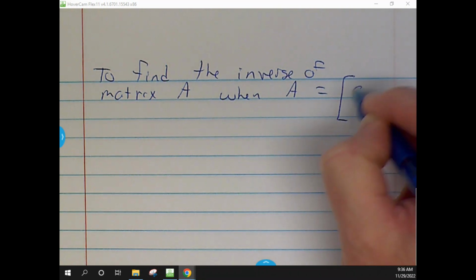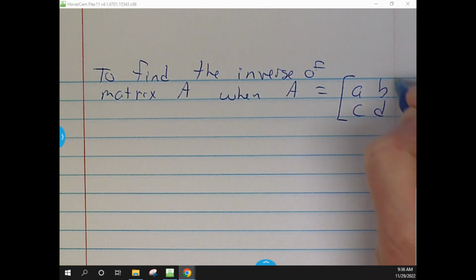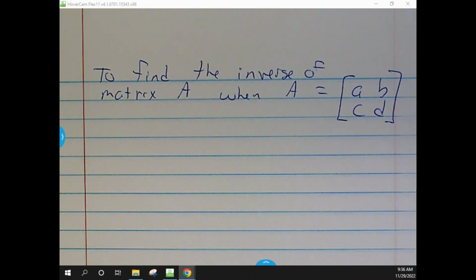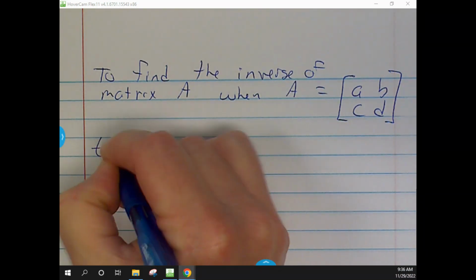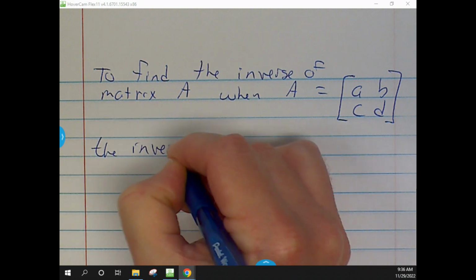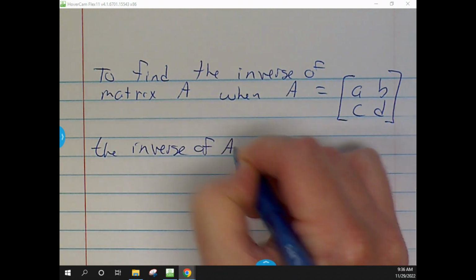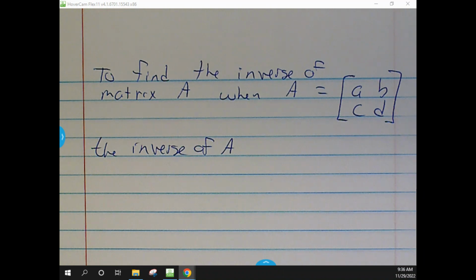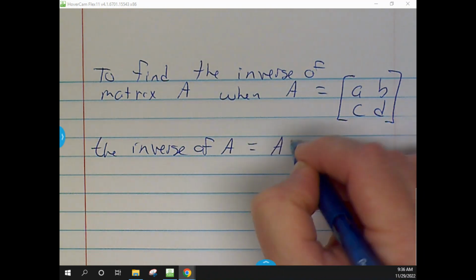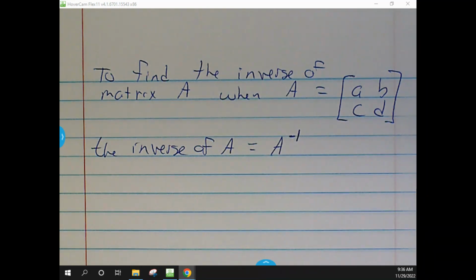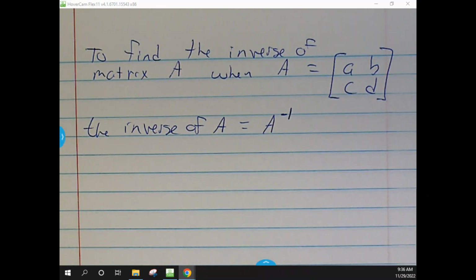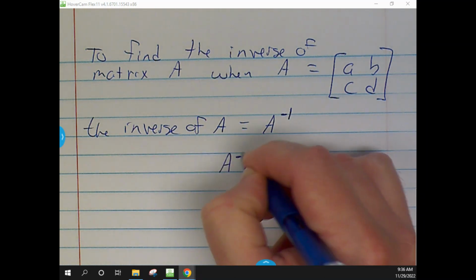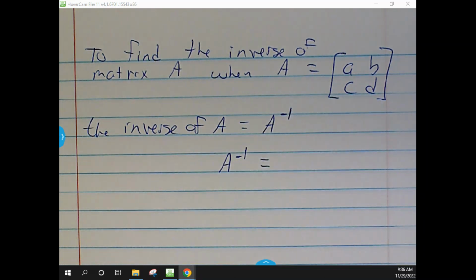Okay, so let's say matrix A is just like we were doing earlier: A, B, C, D. The inverse of A, which is equal to A to the negative 1 power, is going to equal, and here's what you got to do.